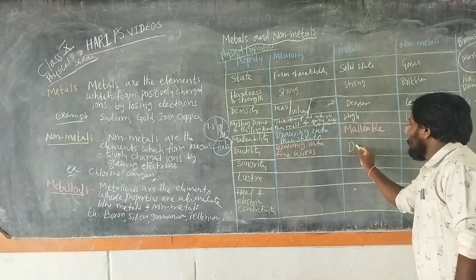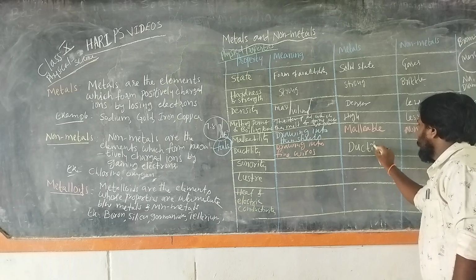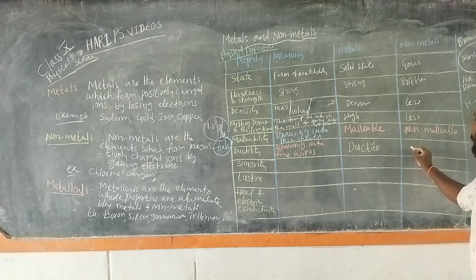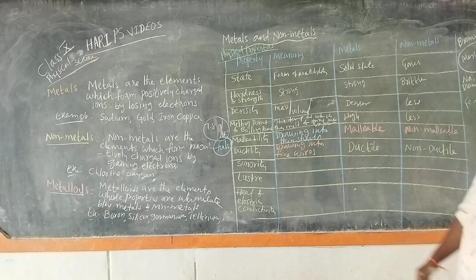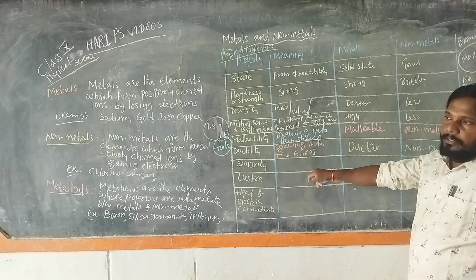So metals are ductile, whereas non-metals are non-ductile. We cannot draw them into wires. So ductility is one of the properties.